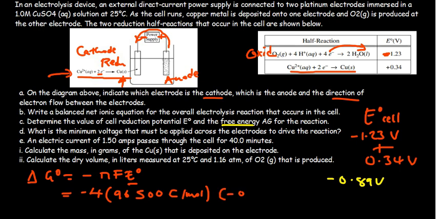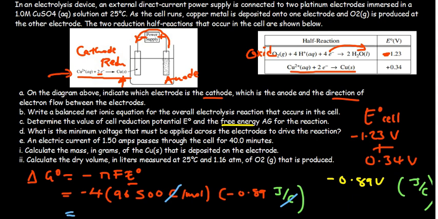which is negative 0.89 volts. Now I want you to know that volts is the same as joule per coulomb, so that you can see the dimensional analysis there. So a coulomb will cancel out, and we remain with joule per mole.